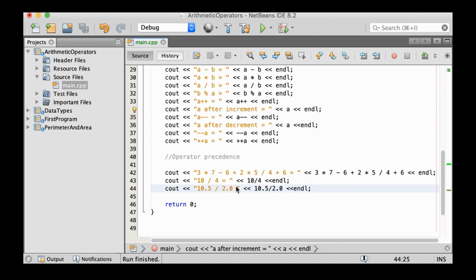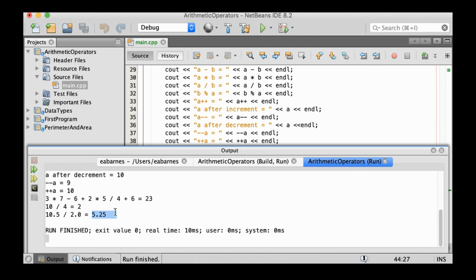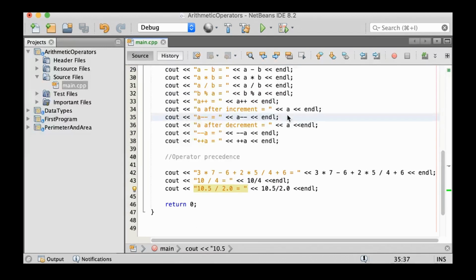I didn't add the equals sign here, let me quickly add it. So here you have a floating point. The rule is, these are the operands, the numbers on the sides of the operator, and this is our operator. So the 10.5 and the 2.0 are the operands, and this mathematical symbol is the operator.